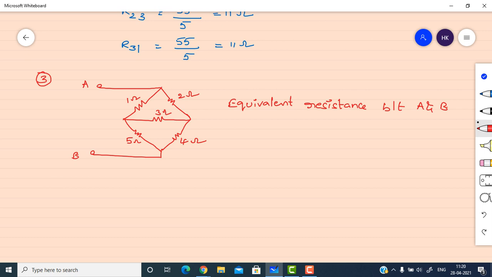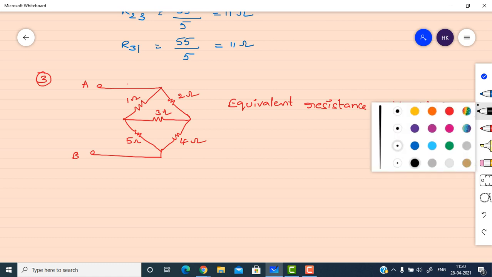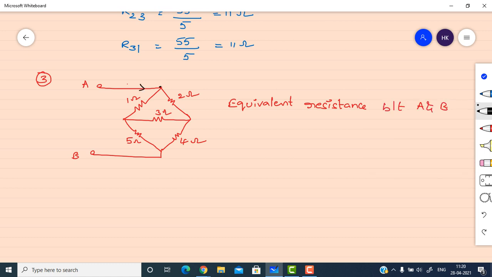Suppose the current is passing from terminal A, and this is the junction point. At this node, the current is dividing here. If the current is dividing, is it a series connection?